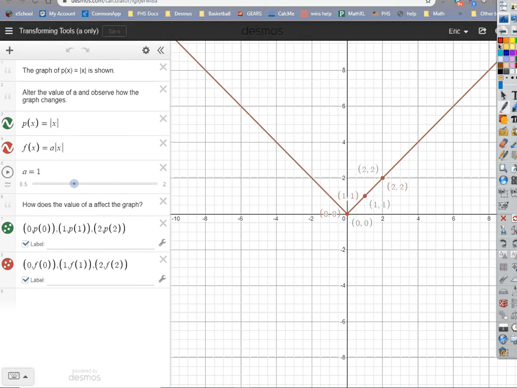Instead of going over 4 and up 4, I'm going to go over 4 and up 8. Okay, let's see if that works. If I let a equal 2, it does, right? So multiplying the function by a number stretches it, in this case, stretches it vertically.